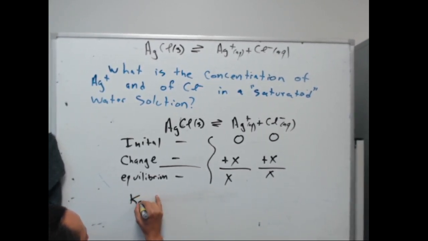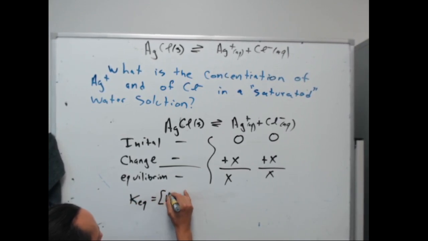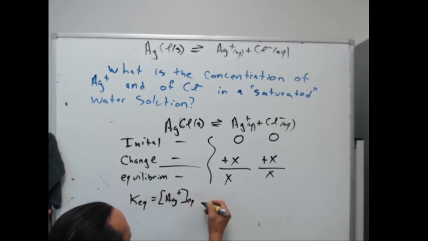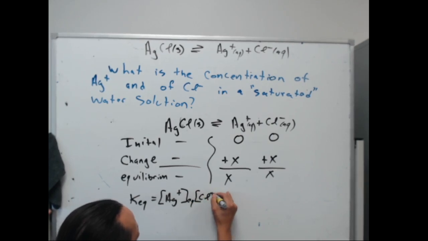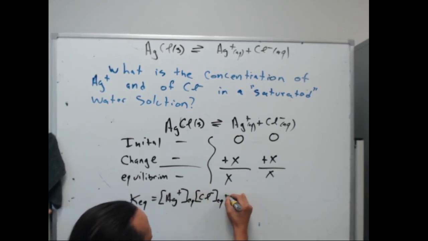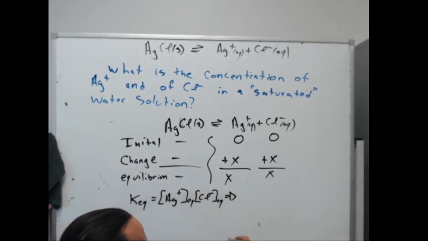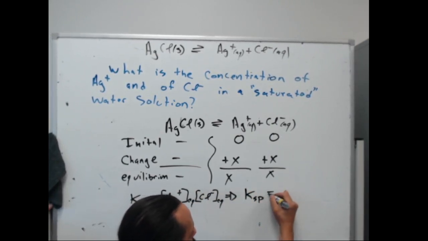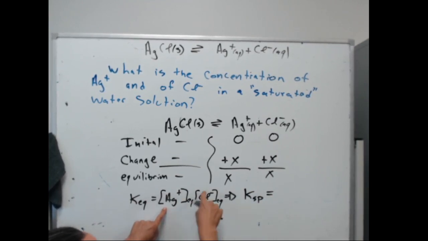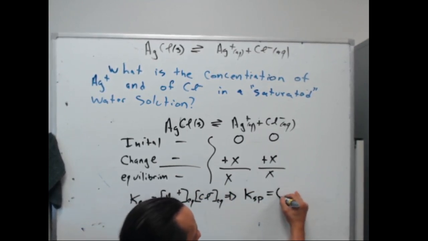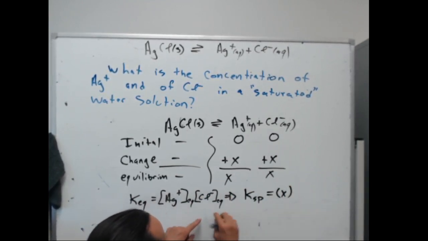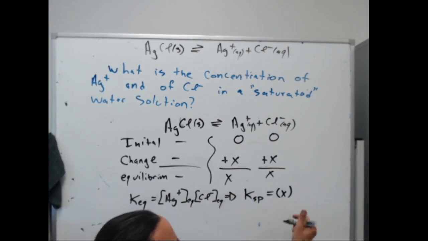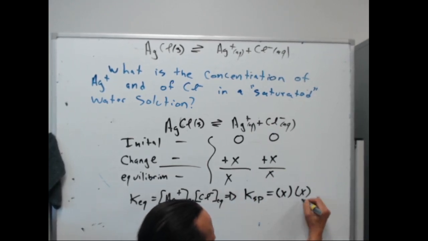This is going to be KEQ is equal to the Ag plus at equilibrium times the Cl minus at equilibrium, which we can translate to say, well, this is particularly a solubility reaction. The concentration of silver at equilibrium is this value x. The concentration of chloride at equilibrium is this value x.